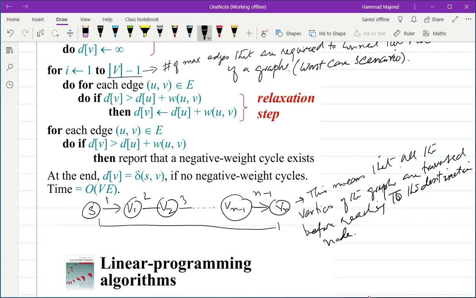Okay, remember that this is the worst case. That means there will be many cases in which we do not have to traverse all the nodes. Rather, by traversing a significantly smaller number of nodes, we can move from S to that particular node. But this is not the worst case scenario. In the worst case scenario, we will traverse all of them.